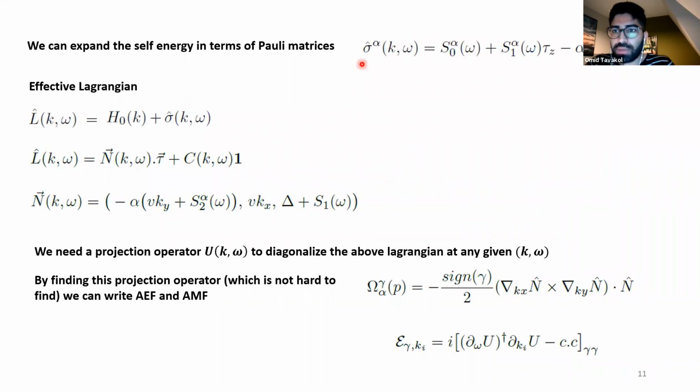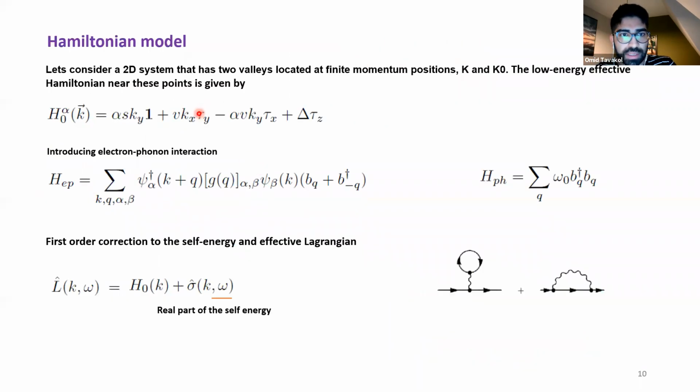I should mention that here, tau y, tau x, and tau z are Pauli operators. So we have 2 degrees of freedom for each alpha, and alpha is +1 or -1 for indicating each valley in your system.